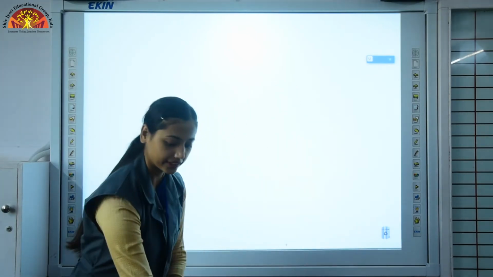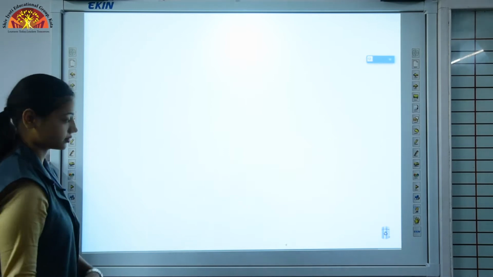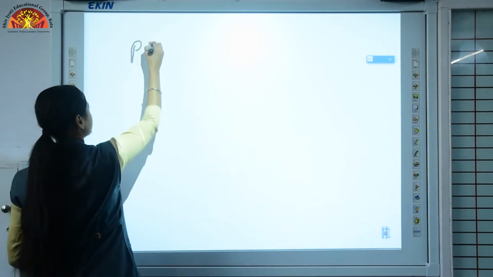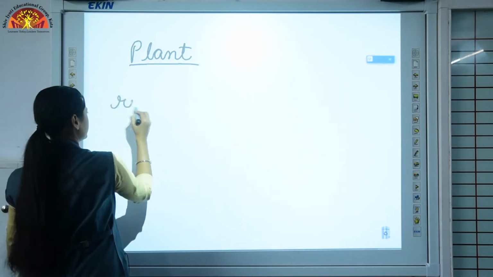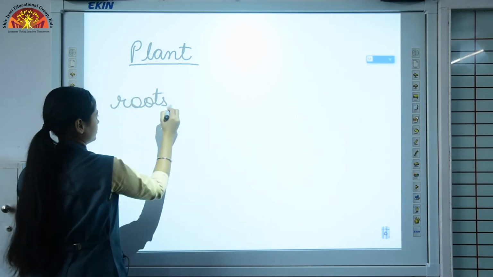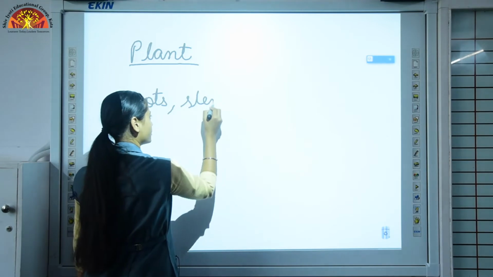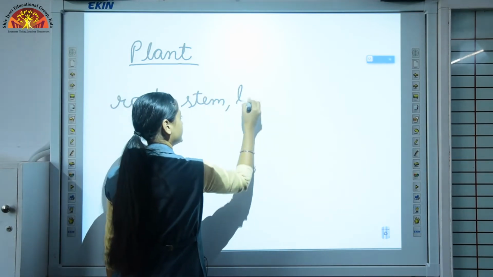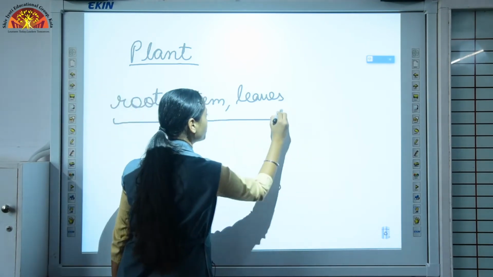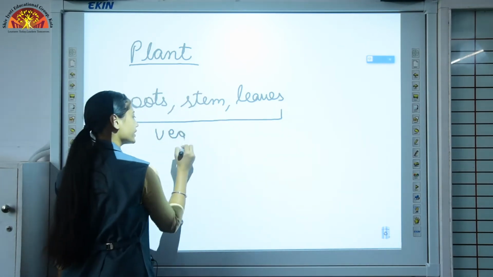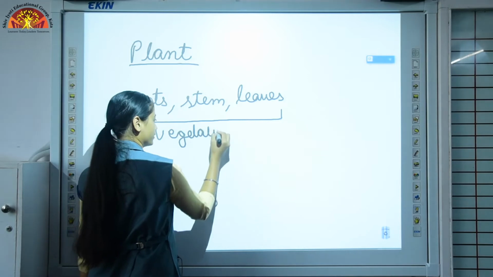You know the names of different parts of a plant. In a plant, roots are present, stem, leaves. So these all parts are known as vegetative parts of the plant.